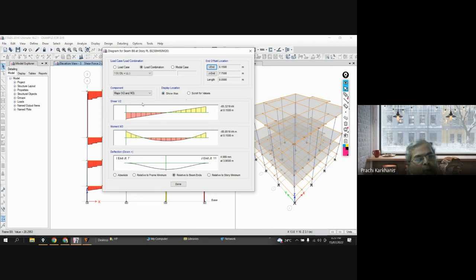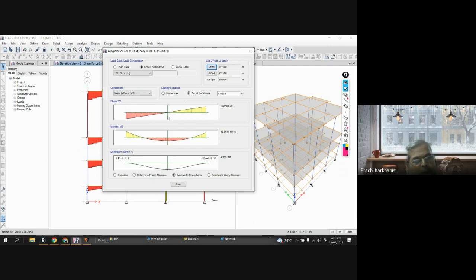Then if you want to see, you can drag it. At this point, at a distance 4 from I end, you are getting almost zero. Graphically, you won't see exact zero because of accuracy, so you can see here 0.00.